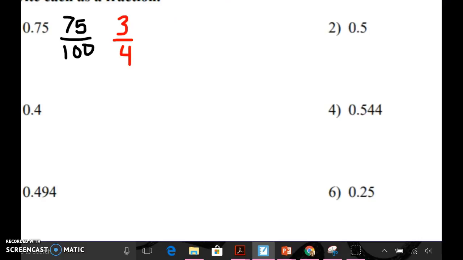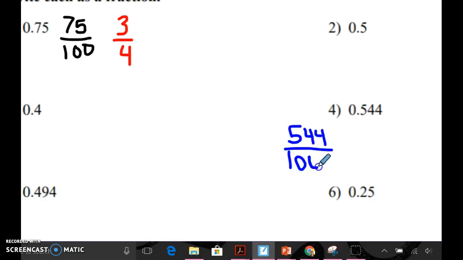Okay, let's try one more. Let's look at maybe one of these bigger ones, like number 4 over here. The 5 is in the tenths place. The 4 is in the hundredths place. And the last 4 is in the thousandths place. So I'm going to write this as 544 thousandths.